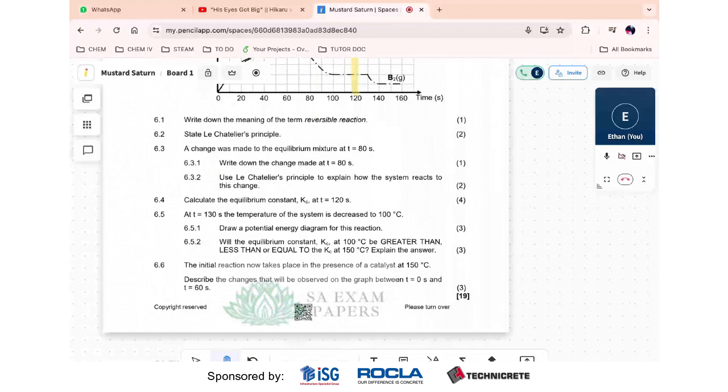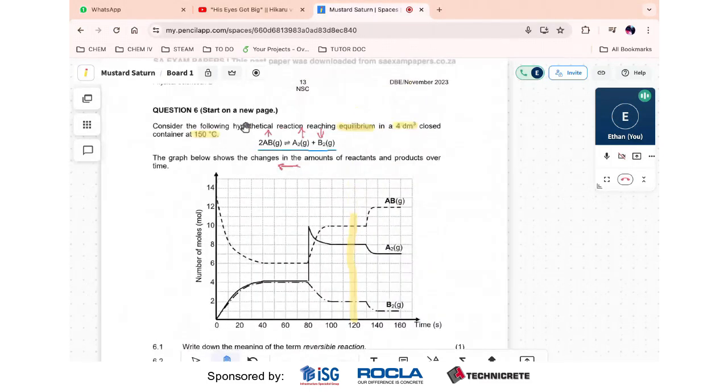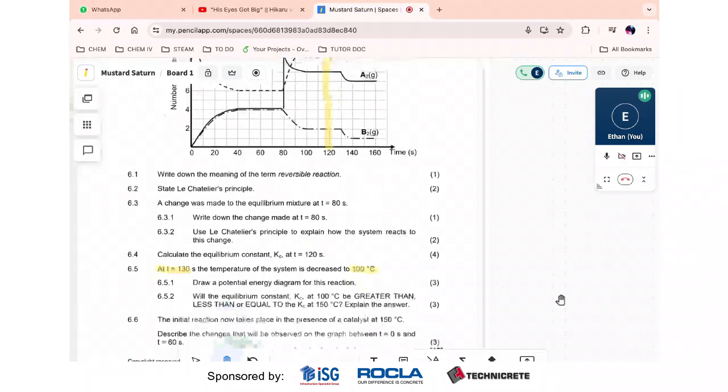6.5. At t equals 130, the temperature of the system is decreased to 100. Okay, some interesting information. If I can just highlight this neatly. So we can see, okay, something has happened here because initially when we started the reaction at t equals 0, the temperature was 150. We then added some more of A, the reaction kept happening.